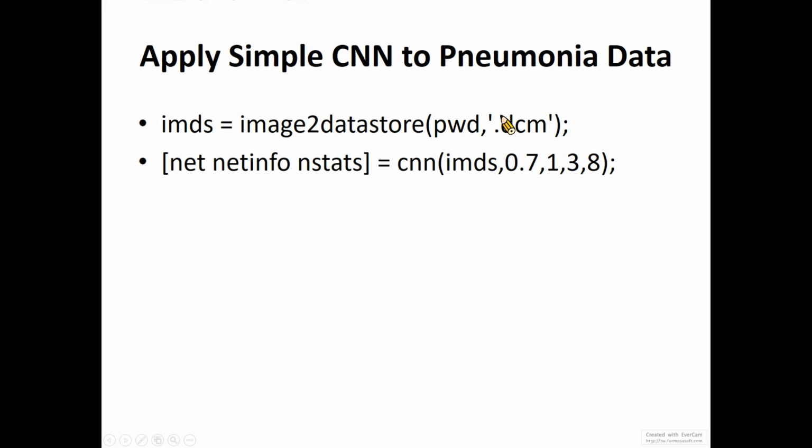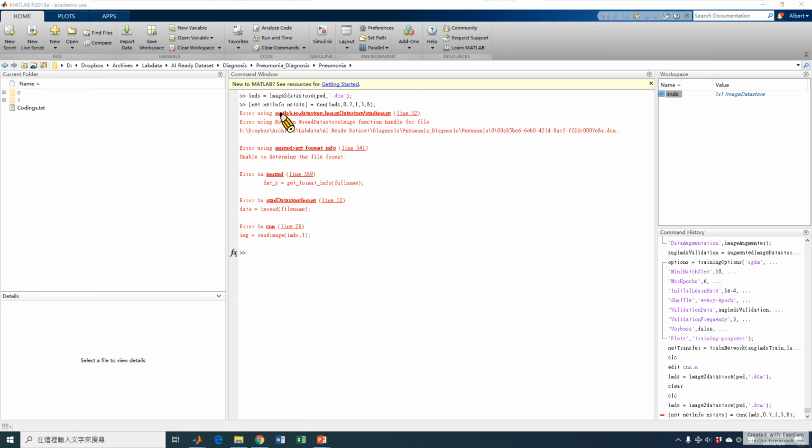In that tutorial, because our image format is PNG, the command here should be .png. You might be wondering, how about we just change it to .dcm, to see if we can use the image data store function to input our image data into the IMDS variable using these DCM extensions? You can try this, but I think it will result in an error like this one.